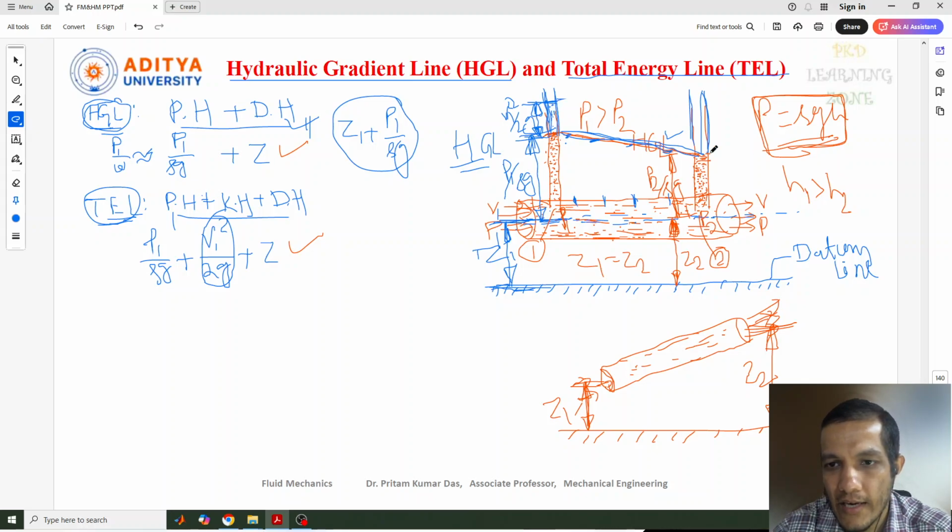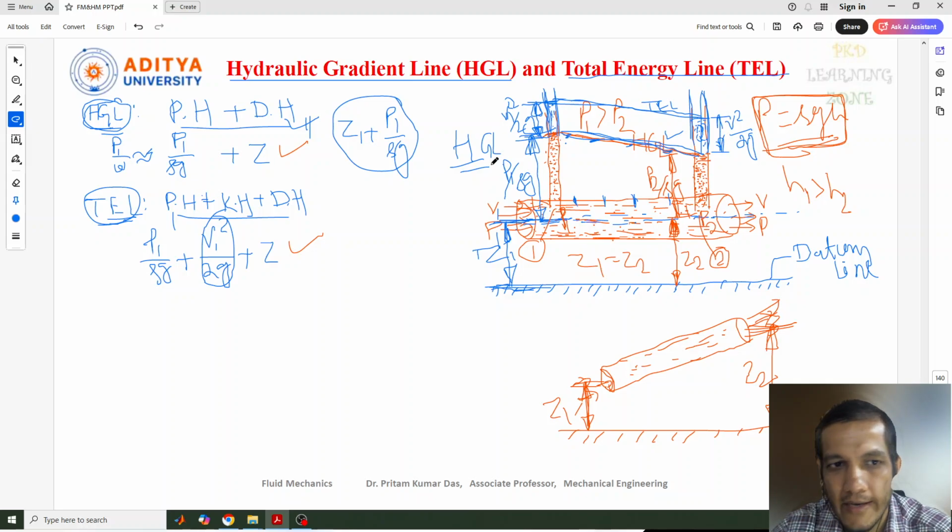Similarly, at the second tube also, when there is fluid flow and we consider the velocity at this point, due to the velocity there is again a slight increment in the liquid level at the second zone. If I join this inclined line, this is called the total energy line, and this height is nothing but V square by 2g. This is your kinetic head.